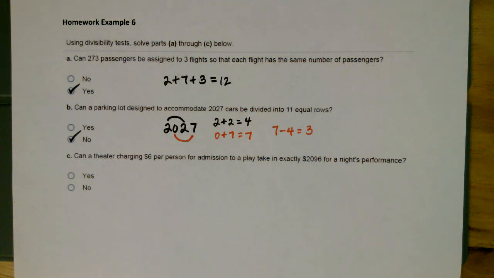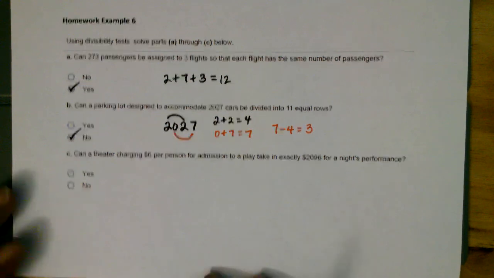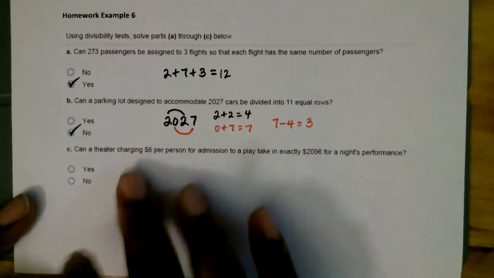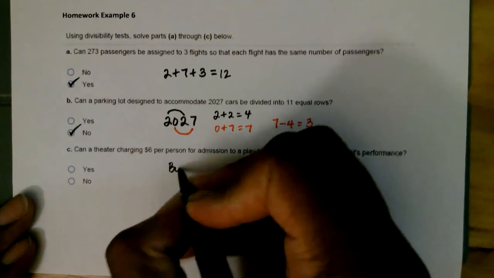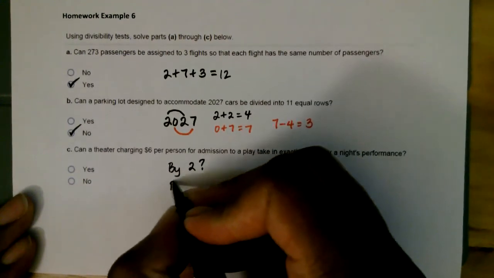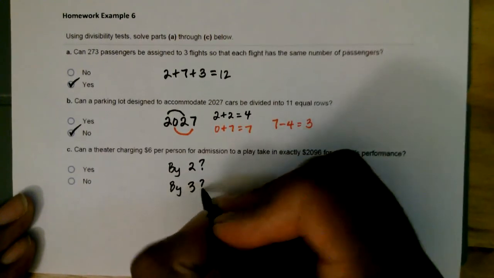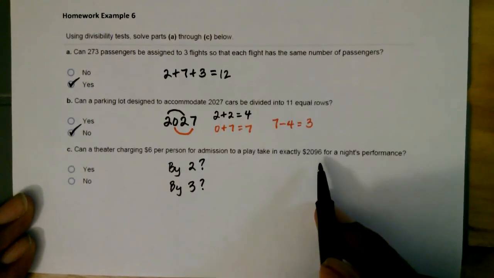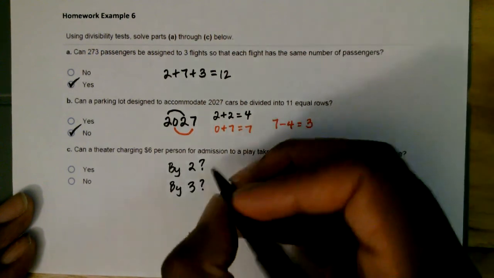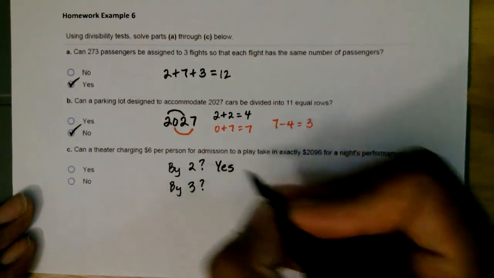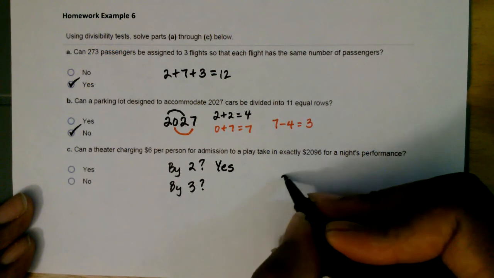And part C, can a theater charging $6 per person for admission to a play take in exactly $2,096 for a night's performance? Well, for a number to be divisible by 6, it must be divisible by 2 and by 3. Well, let's take a look at that 2,096. It is divisible by 2 because it ends in 6. Now, what about by 3?